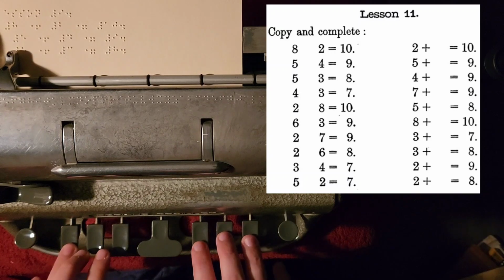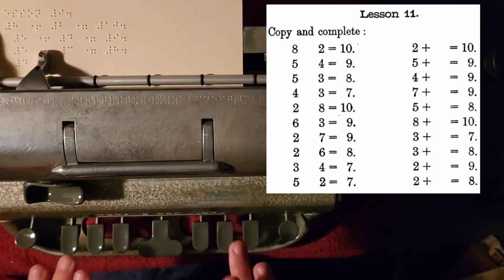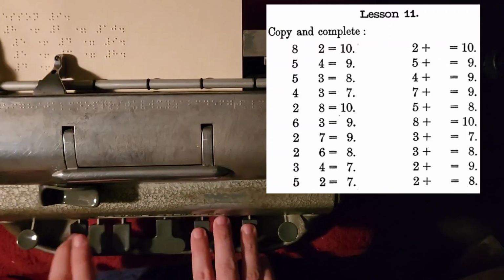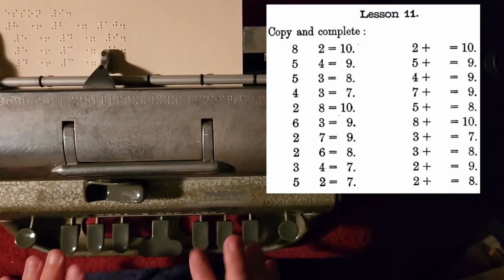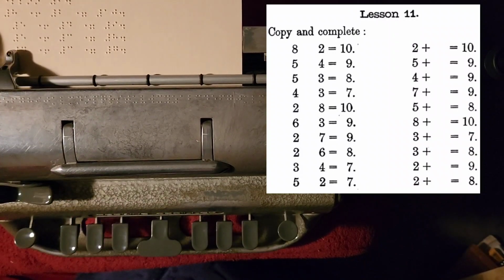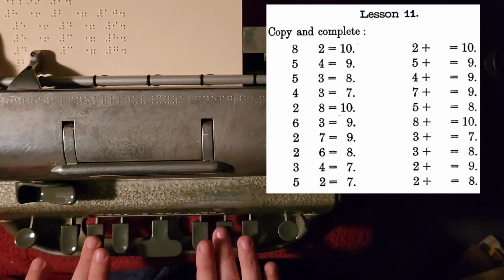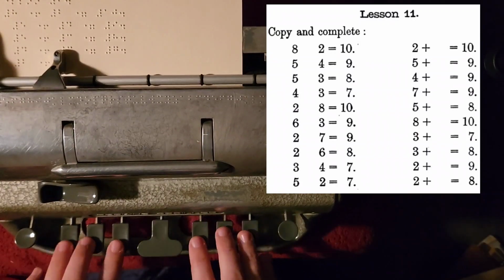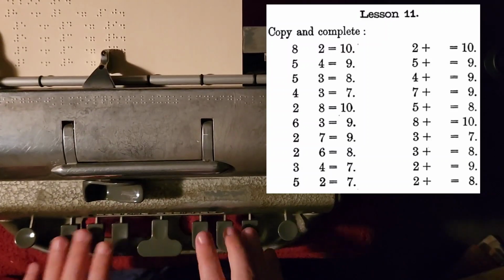I like when they give you the answers like this. 4 and 3 are 7. Full stop. And then 2 and 8 are 10. 2 and 8 are 10.